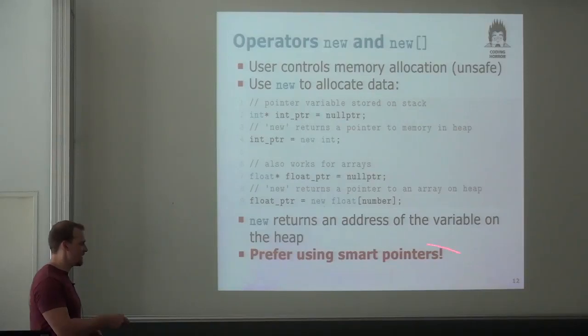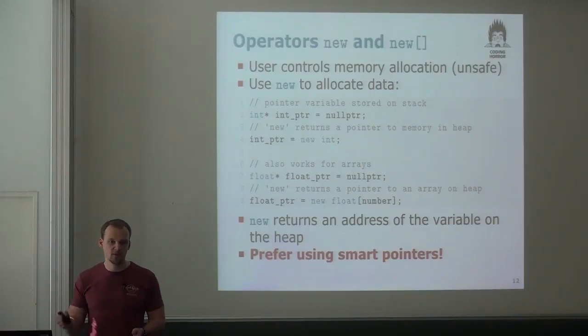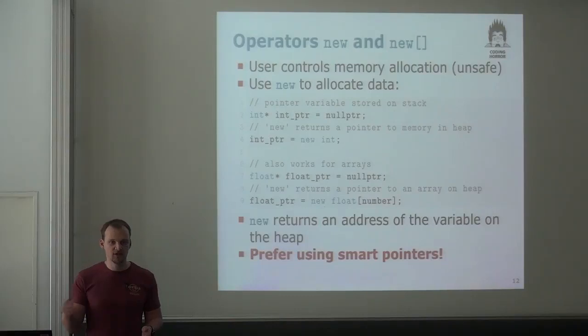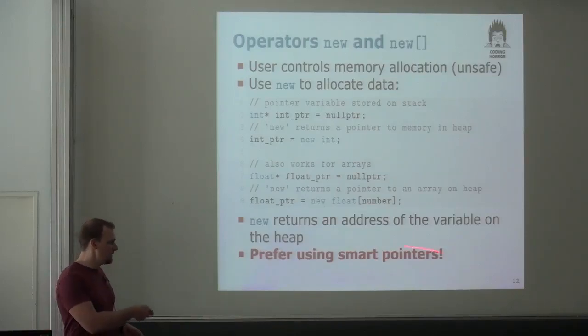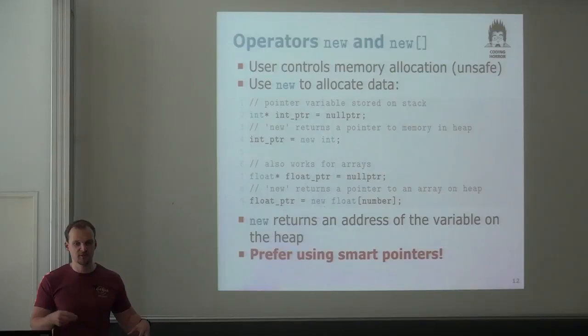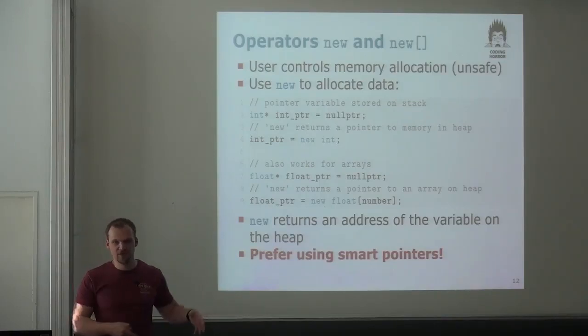I will try to keep, on every slide that I don't encourage, an alternative, like what you actually have to use. So when you go back to this slide, you're not confused and you're not trying to use something that I don't really recommend using. We don't know what smart pointers are yet, but it's for a future you who will look at these lectures and will know what a smart pointer is. So at this point, you have to stop looking at this and go look at the smart pointers.